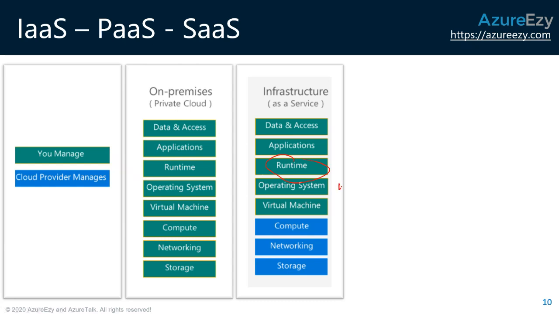You must have the Windows operating system. You must have some applications, so that your .NET application can run. If it is something else, like a Java application, then maybe a Java jar file, or in case of .NET, it will be some exe or MSI, or DLL files in case of libraries.